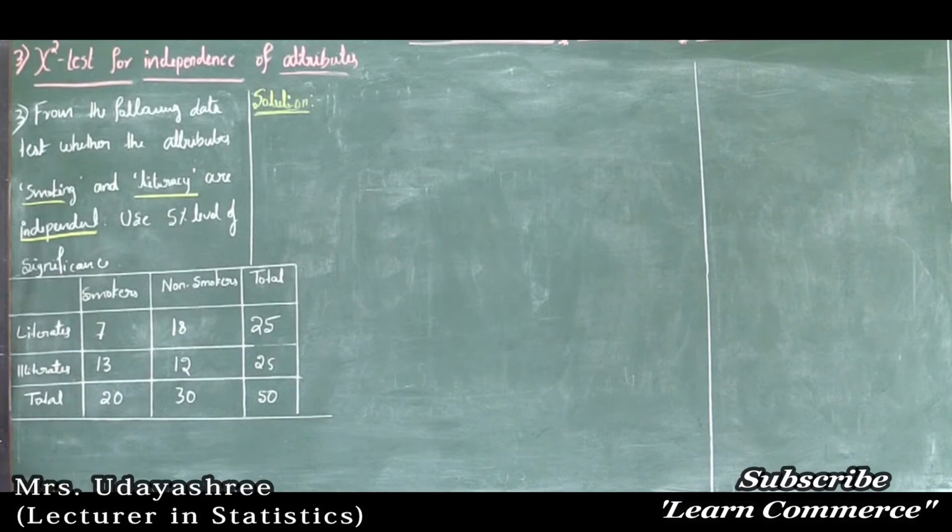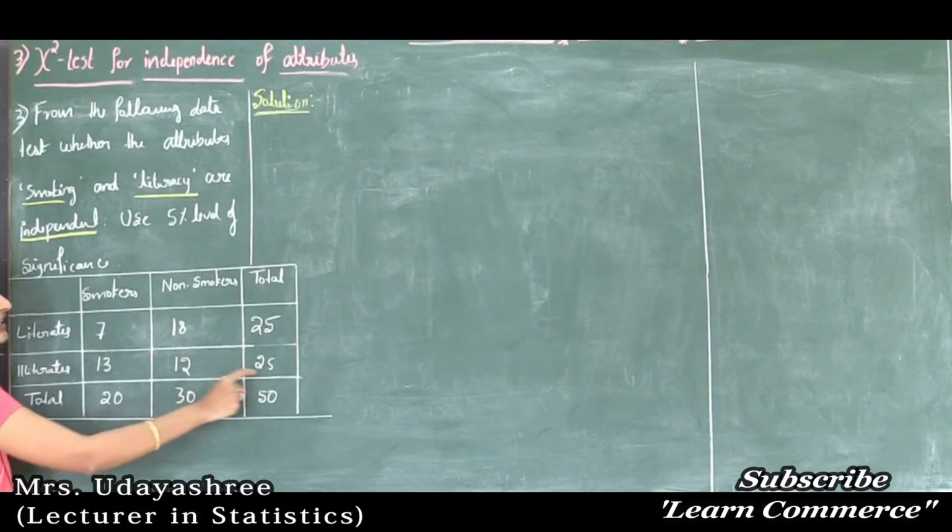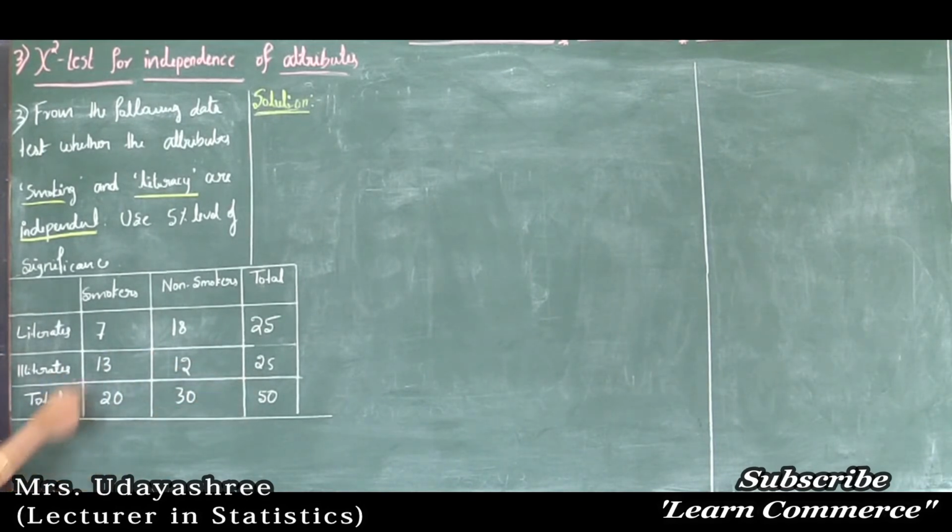The given information is like this: smokers, non-smokers, observations and total observations, and here literate. Literate smokers are 7, literate non-smokers are 18, and total literates are 25. Illiterate smokers are 13, illiterate non-smokers are 12, and illiterate total is 25.